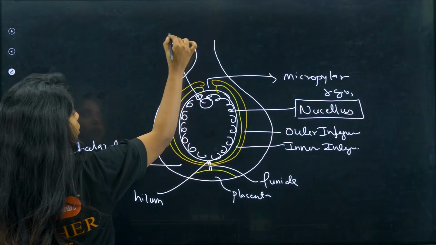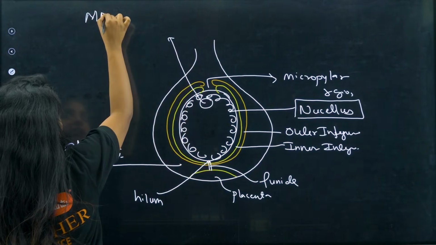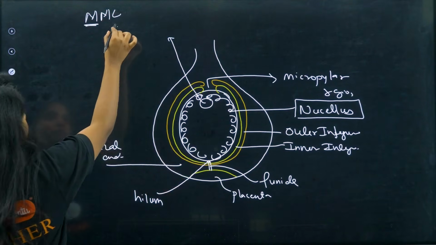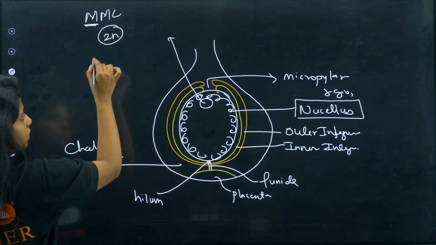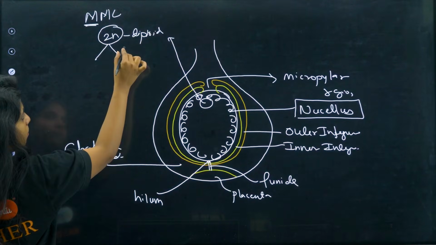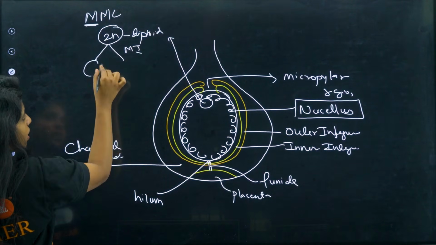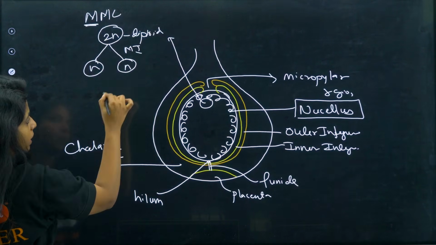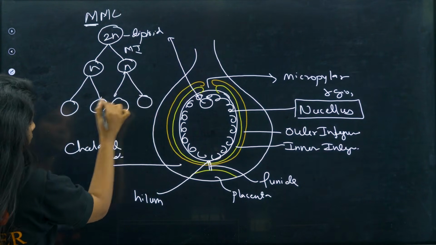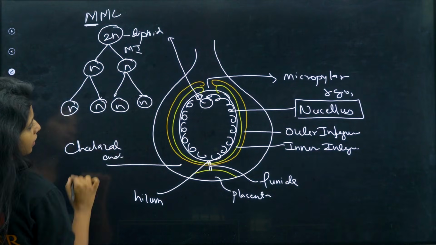Only one cell will be there, my dear children, which I will again call MMC, but this time the M stands for megaspore mother cell, which is 2N, diploid. Please remember the ploidy. It will divide. Meiosis 1 is happening, so there are two cells, both of them haploid. Again it divides, giving all haploid cells.